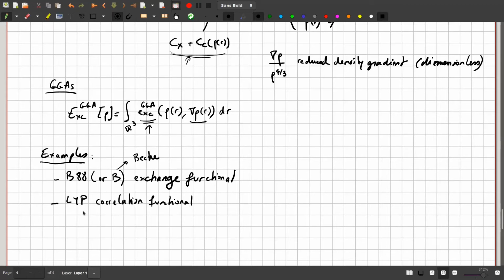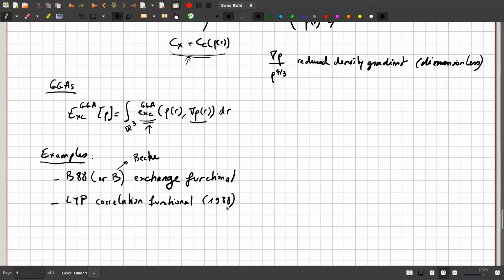So LYP is for Lee, Yang, and Parr, and it has also been proposed in 1988. You can also find the formula in the review paper. It's more complicated, but basically it is one of the rare functionals that is not constructed based on the local density approximation. Rather, it is constructed by starting from the so-called Colle-Salvetti correlation energy expression, which is an expression to estimate the correlation energy based on the Hartree-Fock pair density.